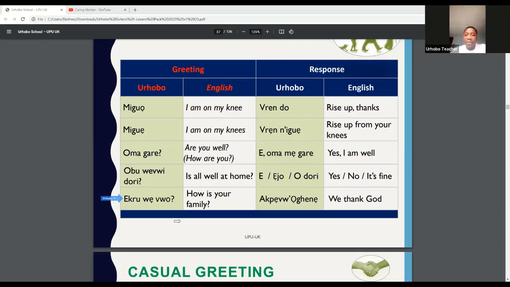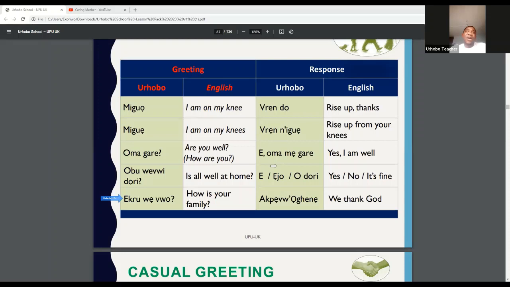Oh, I wish I could share my screen. In Urhobo, we go from the noun, which is the subject, to the adjective. In my family, family is the noun, the subject. So the subject comes first before the adjective.